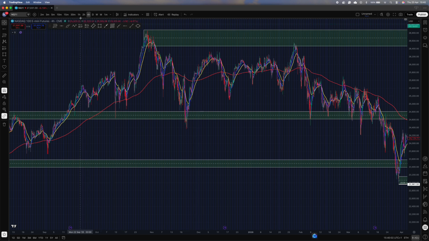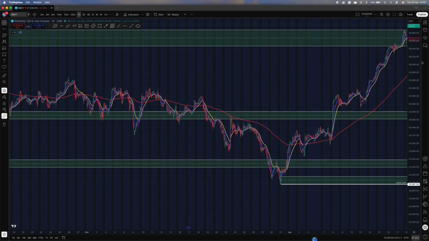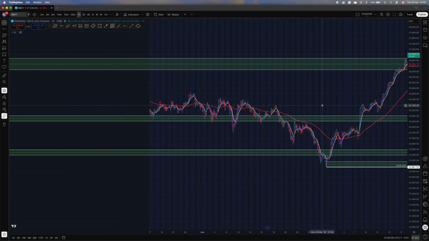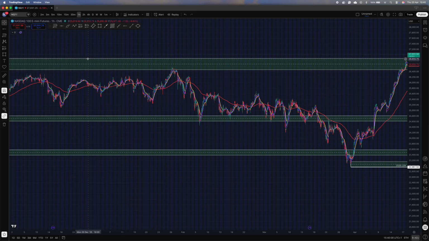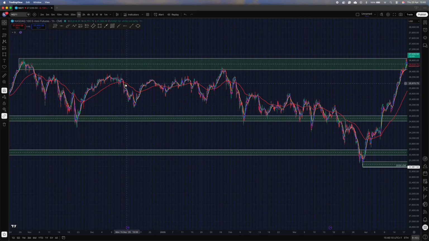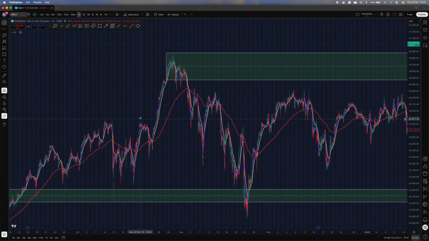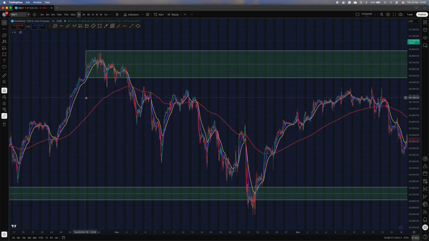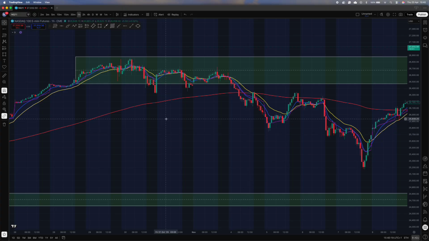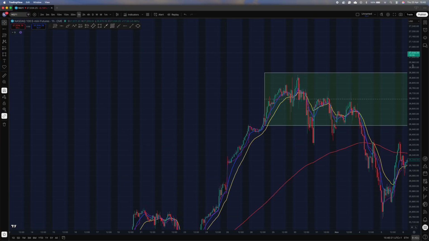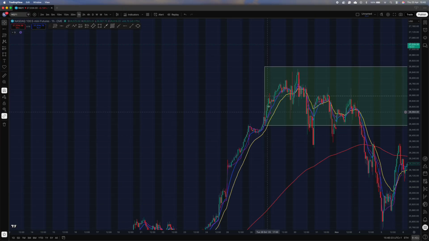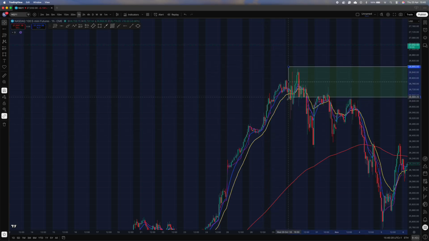Then what I like to do is go down to the 1 hour. This is how we refine supply and demand even more to make it even cleaner. On the 1 hour chart, this looks great. Now you see this is a daily zone, and I'm looking to refine this because that's a big area.